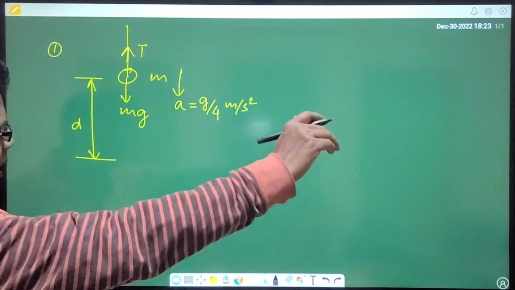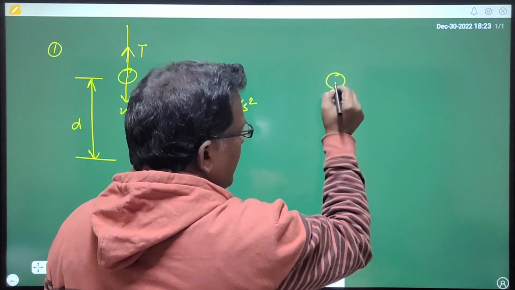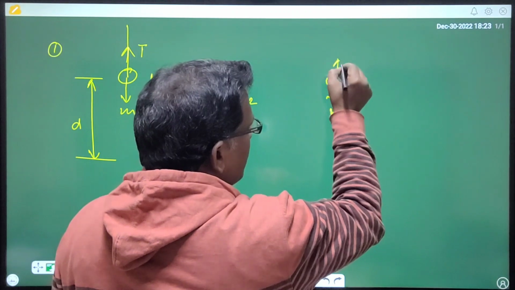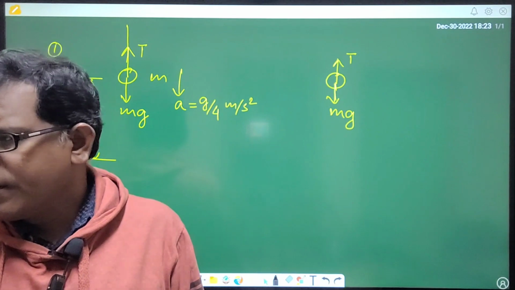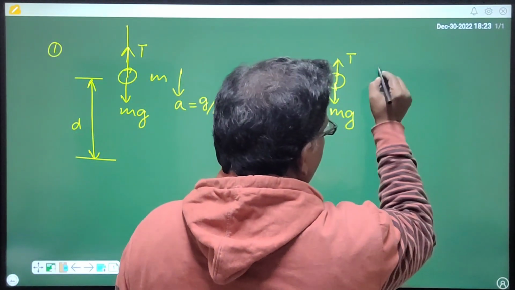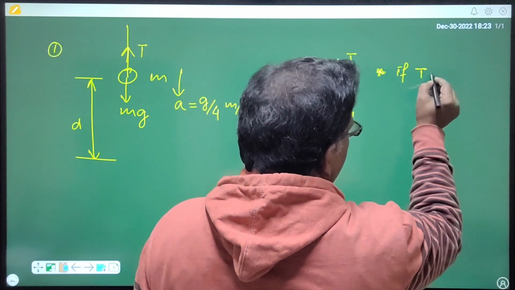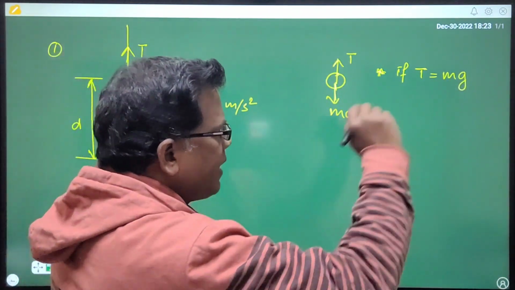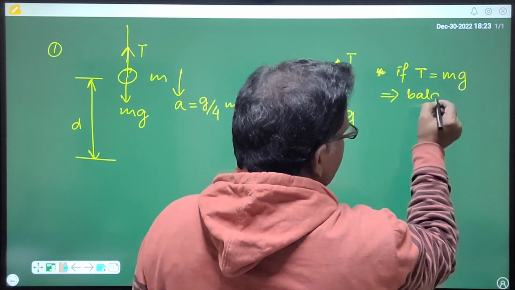Basically you should observe these two things. There are two forces acting on the mass. One is mg downward, and another one is the tension in the string. So do you think that these two forces are equal? If, for example, you think that T is equal to mg, so T is numerically equal to mg, showing that they are balancing forces.